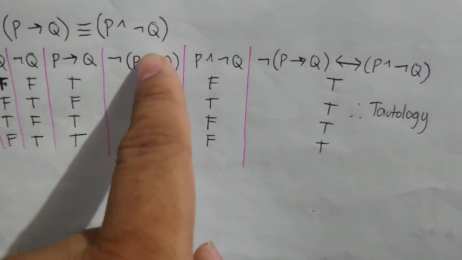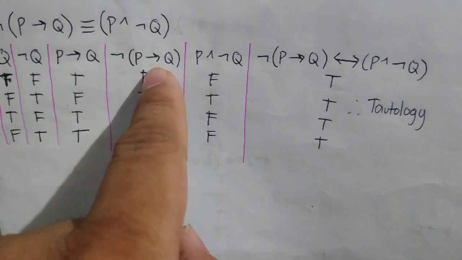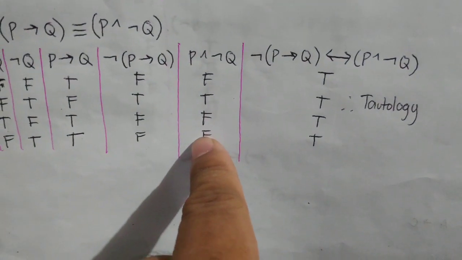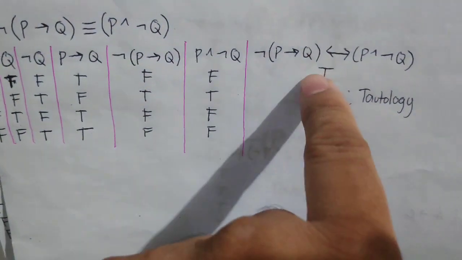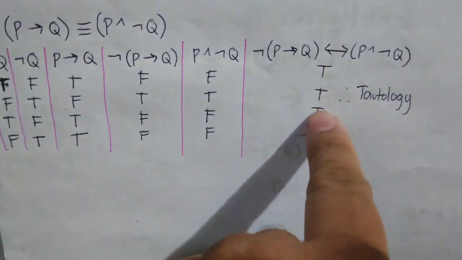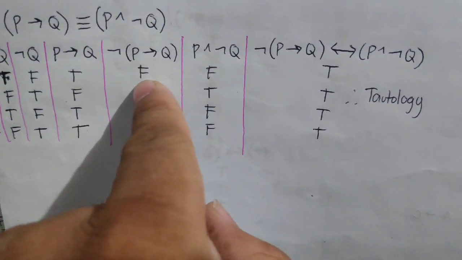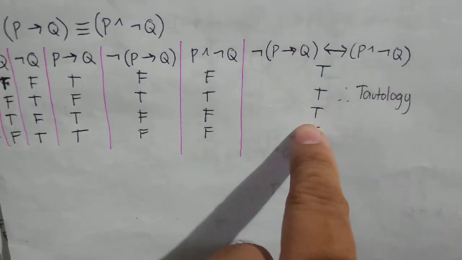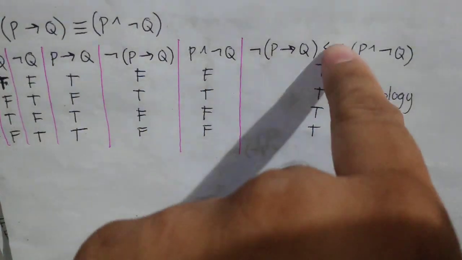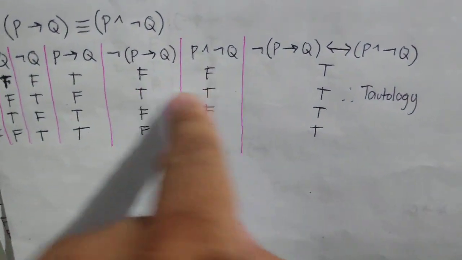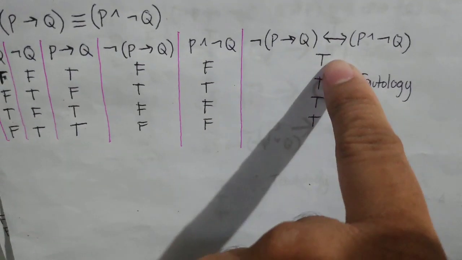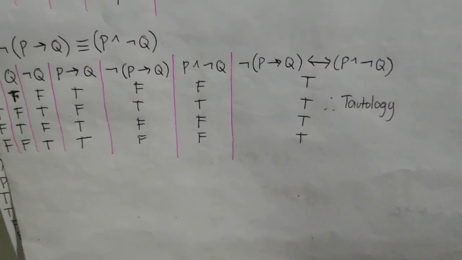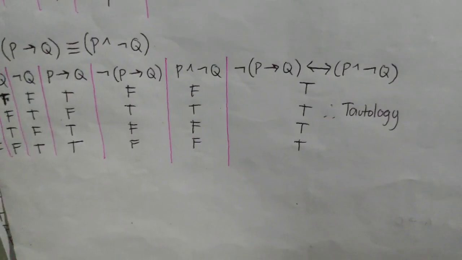So we now have the negation of P implies Q, and P and the negation of Q. We will see if they are logically equivalent if the truth values of their biconditional statement are all true. By checking them: false, false, therefore true; true, true, therefore true; false, false, therefore true; false, false, therefore true. So the biconditional statement of these two compound propositions is true for all conditions. Therefore, logical equivalence number 4 is also a tautology.